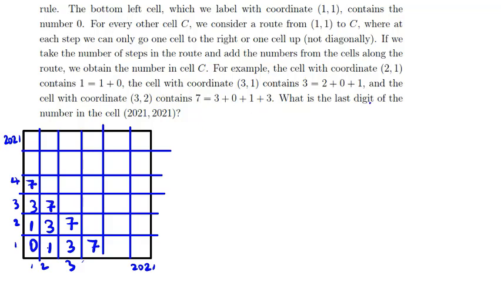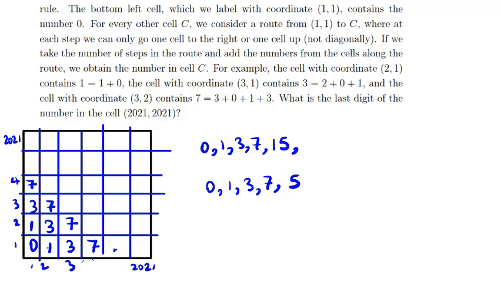And it asks what is the last digit of the number in the cell (2021, 2021). If we calculate that, the first one is 0, then 1, 3, 7. We consider only the last digit. For the next one, 7 plus 3 is 10, 10 plus 1 is 11, and 4 steps plus 11 is 15. And the next one, you add all of them, 15 plus 7, so considering only the last digit, we have 1, 3, 7, 5.